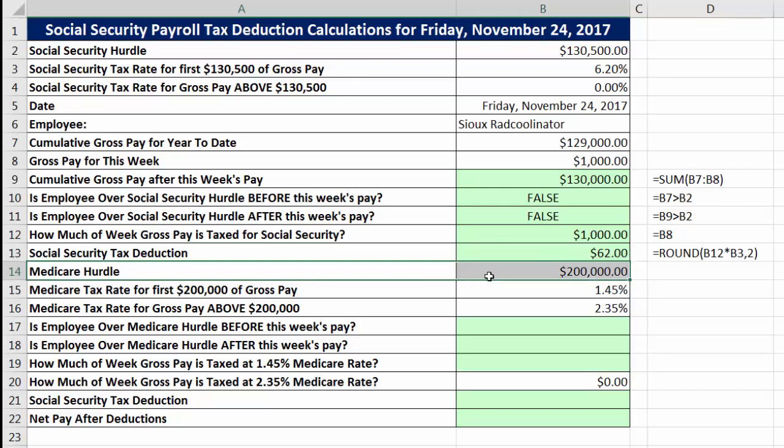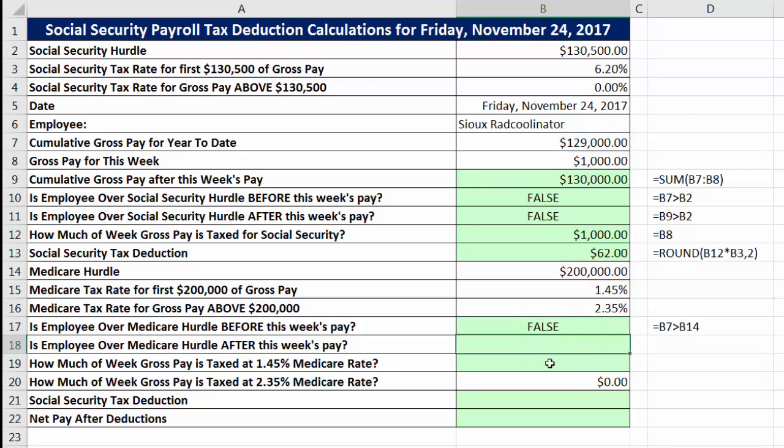Now we move on to Medicare. There's the hurdle, tax rate 1, tax rate 2. We have to do the same two logical calculations. Is employee over Medicare hurdle before this week's pay? Equals, I need to ask the question, 129,000, are you greater than the new hurdle for Medicare?